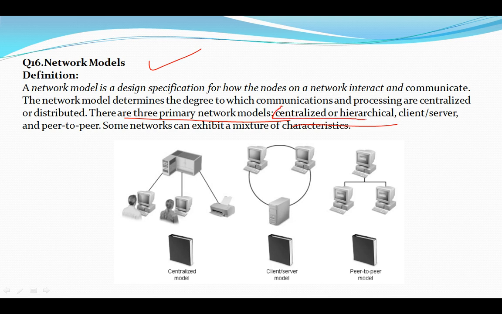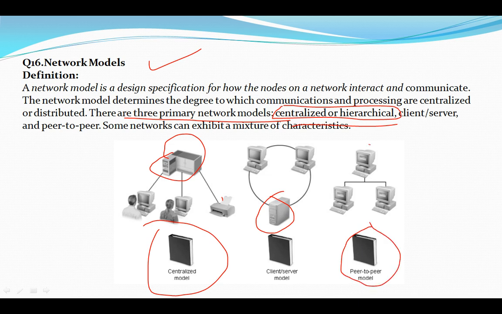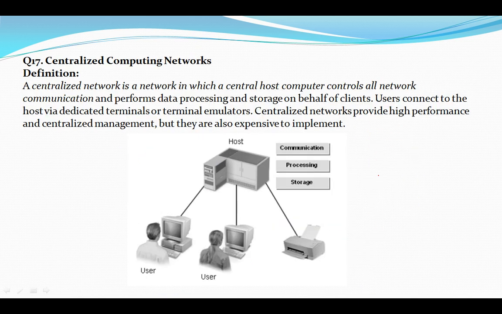As you can see here, this is my centralized server, and a printer is connected, one user is connected, two users are connected. This is my client server model, and this is my peer-to-peer, where all desktop computers are connected here.